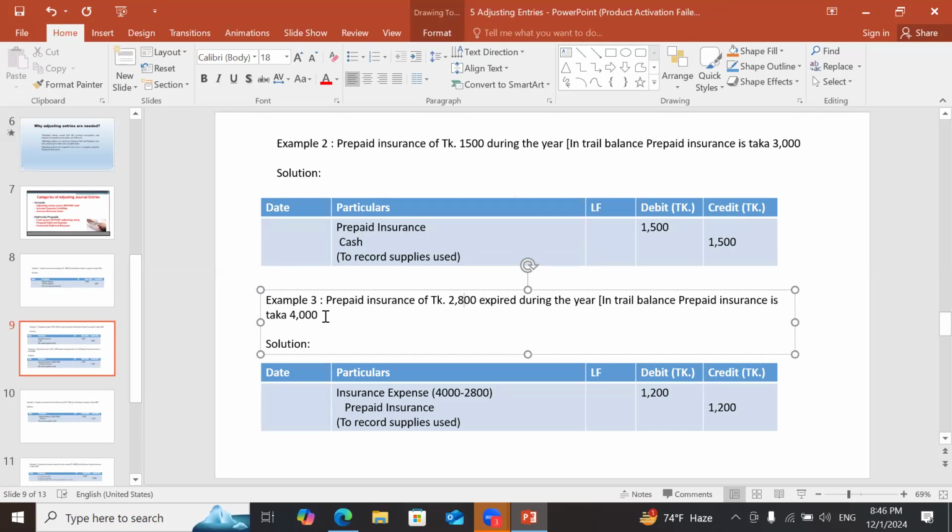Okay, this is the accurate figure. Do you clearly understand this item? Sir, we got it now. Prepaid insurance expires, sir. What is the meaning of that, sir? The time has already passed. First time prepaid, but now this time is passed.